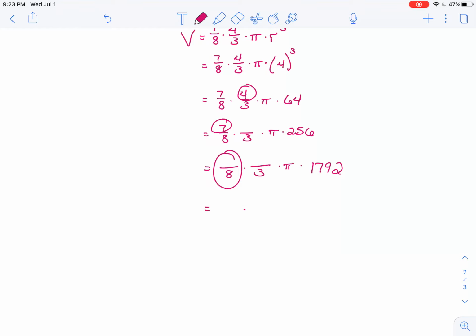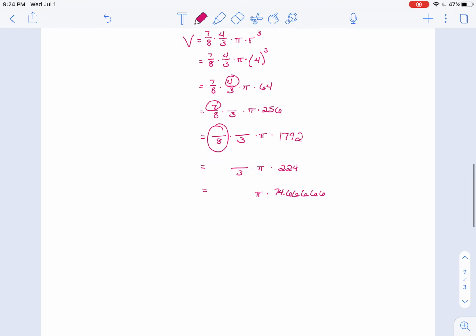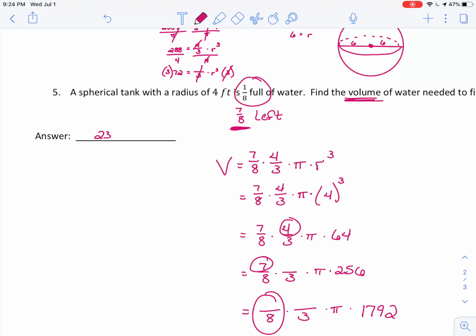Next, I'm going to divide by 8. That divided by 8 is 224. I'm going to divide that by 3. There's a decimal. 74.66666666666666, and the directions don't give me rounding directions, so I'm just going to go ahead and hit times pi and find 234.6-ish, so about 235 cubic feet.